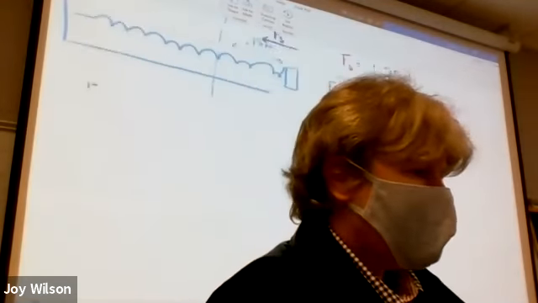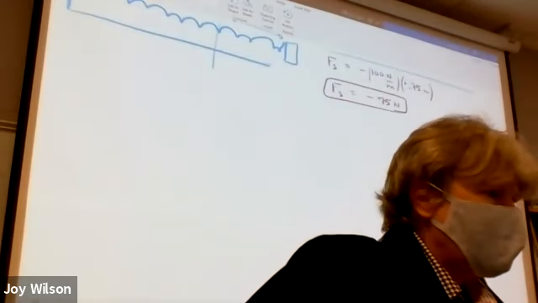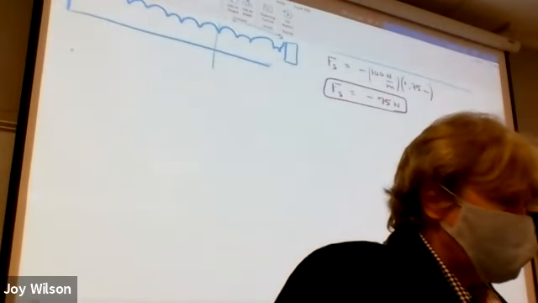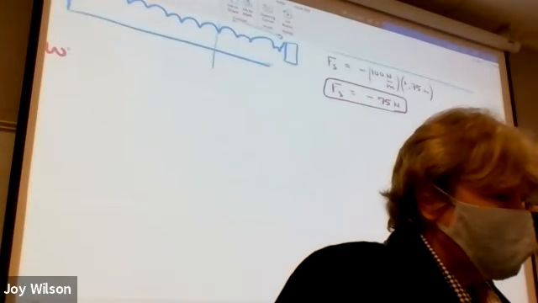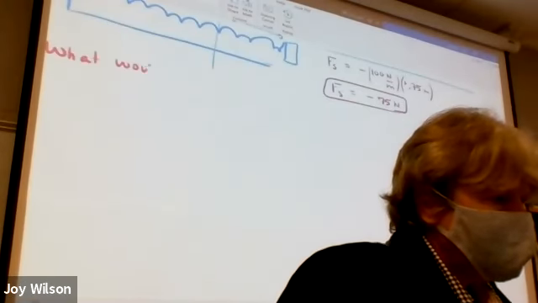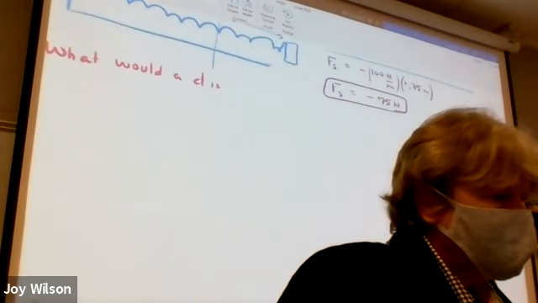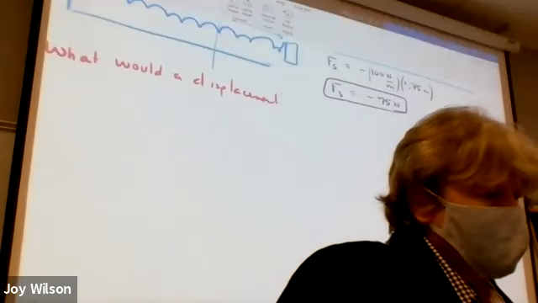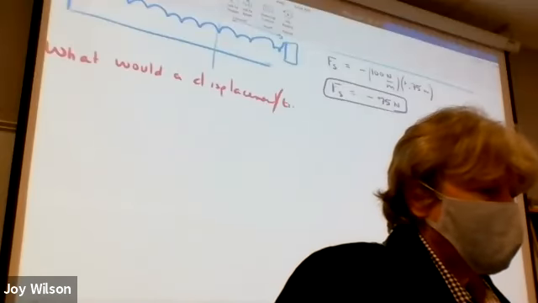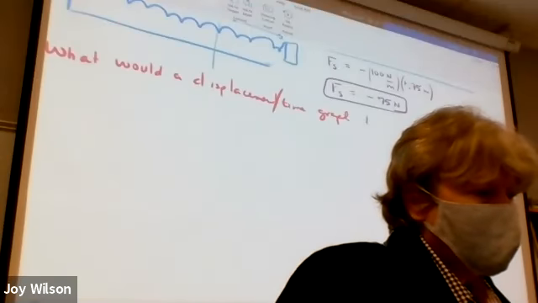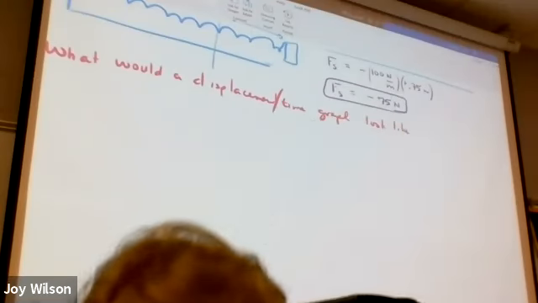So what would a displacement time graph look like? We've done these before. What would a position time graph look like for one of these?